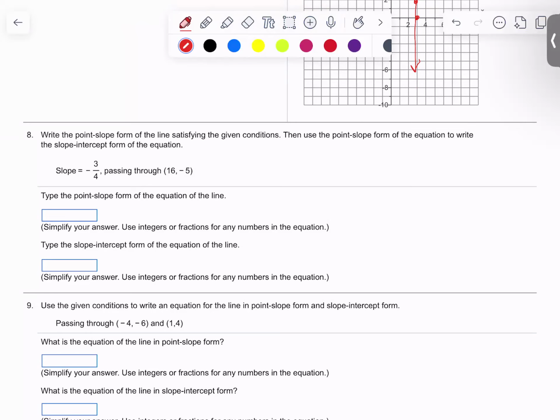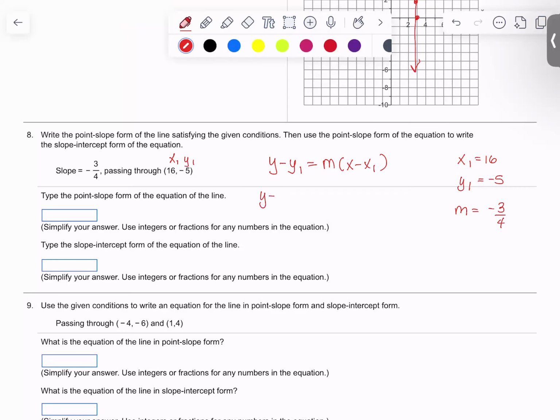So point slope form is y minus y1 equals the slope m times x minus x1. x1, y1 is your point that they give you. So x1 is 16 and y1 is -5. And then they give you the slope. It's -3 over 4.